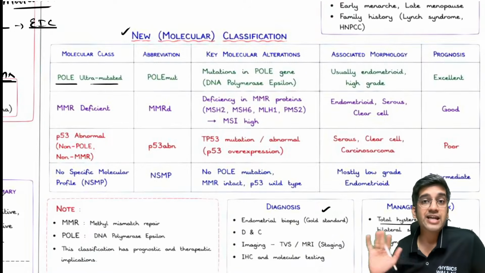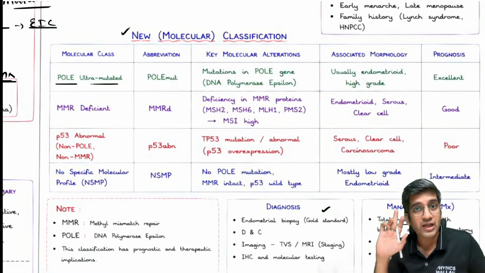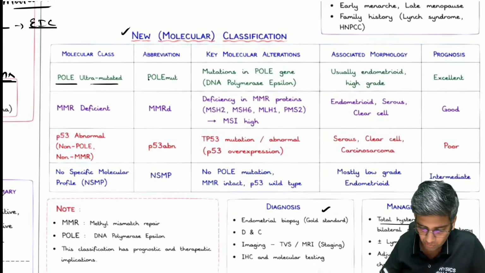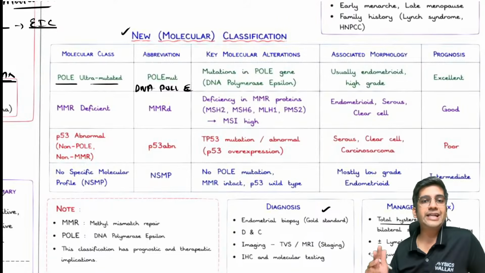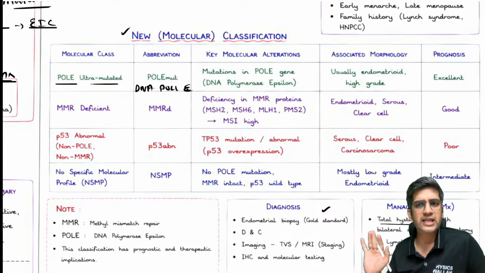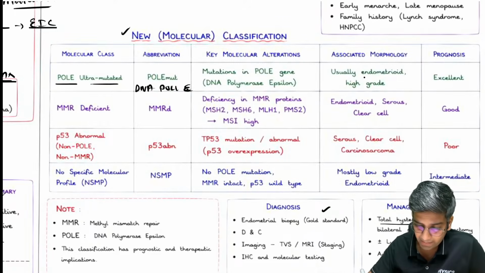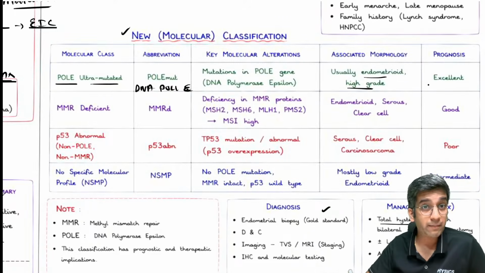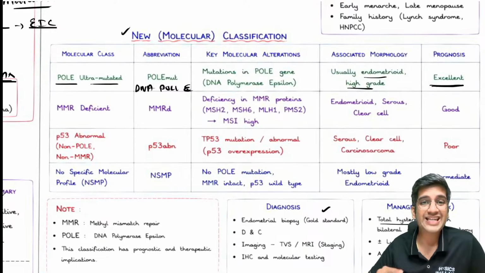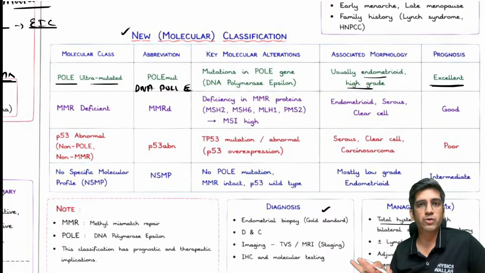If you remember your first year, POLE is DNA polymerase epsilon, that is getting mutated, fine? So it will be high grade in morphology, but has an excellent prognosis by default, right?